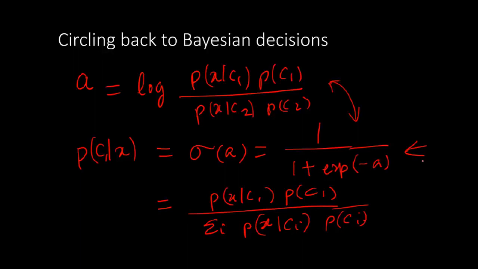So how do we get a linear boundary? It will be a linear function of x if p of x given c1 and p of x given c2 are Gaussian distributions and both have the same sigma. So we can solve for an optimal decision boundary where the two covariance matrices are the same using this logistic expression, and we can interpret this as the probability of a particular class given the feature.